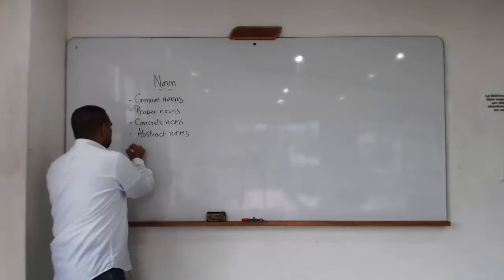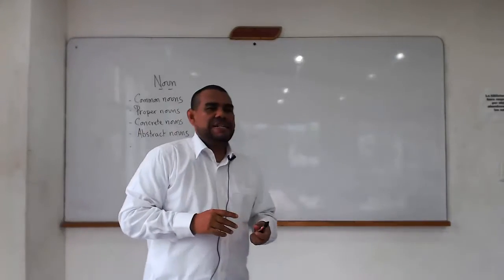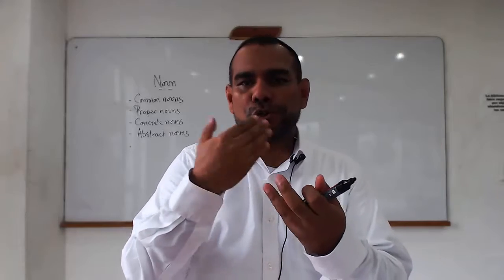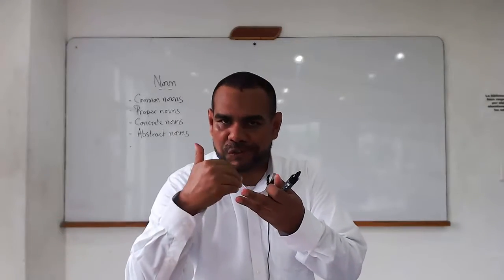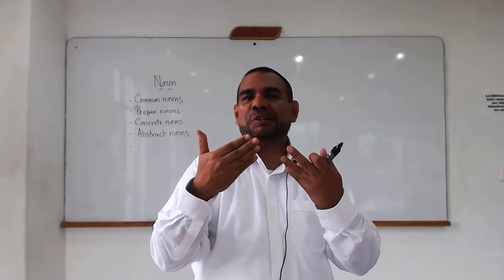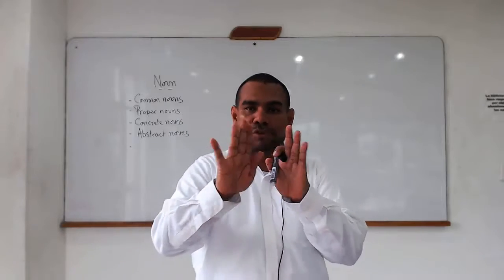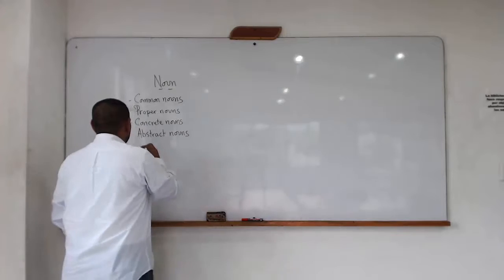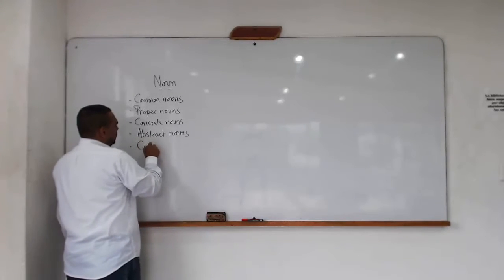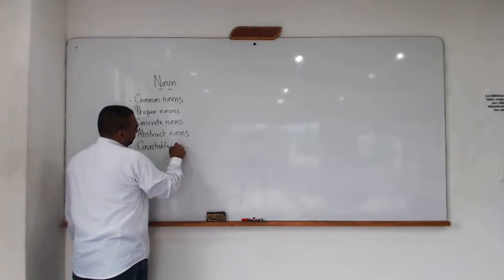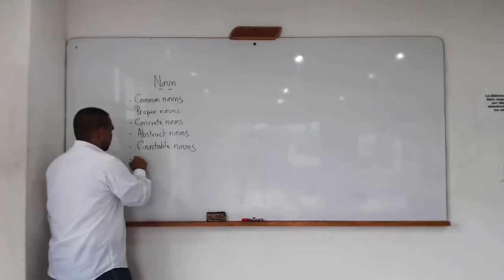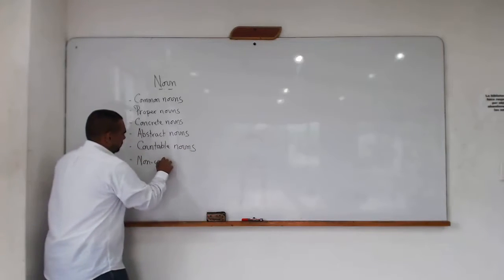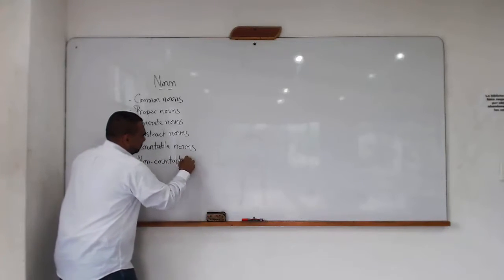And taking into account the ones whose structure enables them to be accompanied by numbers or not by numbers, we are going to have another division, which is countable nouns and non-countable nouns.